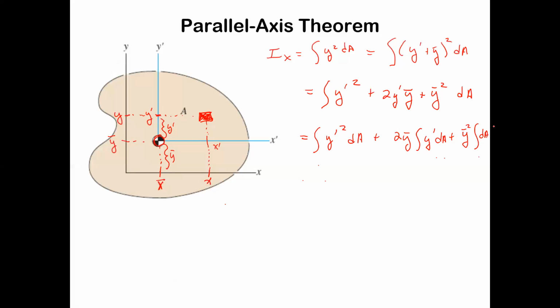So this is actually kind of convenient. You can see that the integral of y prime squared dA is what we're calling I bar x prime, the moment of inertia about the centroid axis.